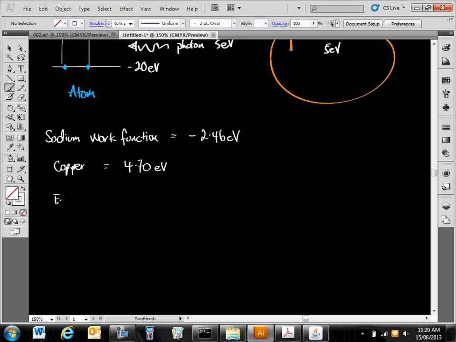Using E equals hf, we know the threshold frequency, f sub 0, as this minimum energy required to remove an electron from an atom. So the minimum energy is equal to Planck's constant multiplied by the threshold frequency.